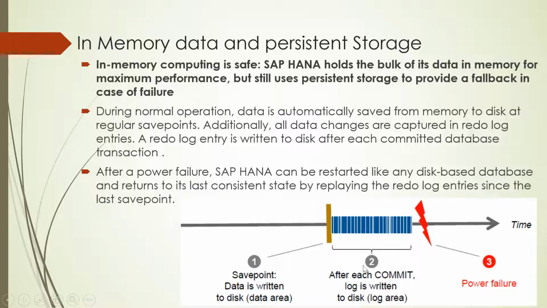Whatever committed transactions are there in the redo logs, those transactions will be recovered, since the last savepoint. All the redo logs and committed transactions will be recovered up to the last savepoint.